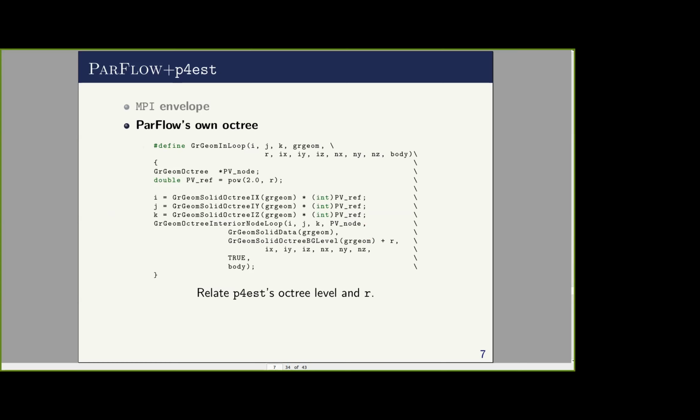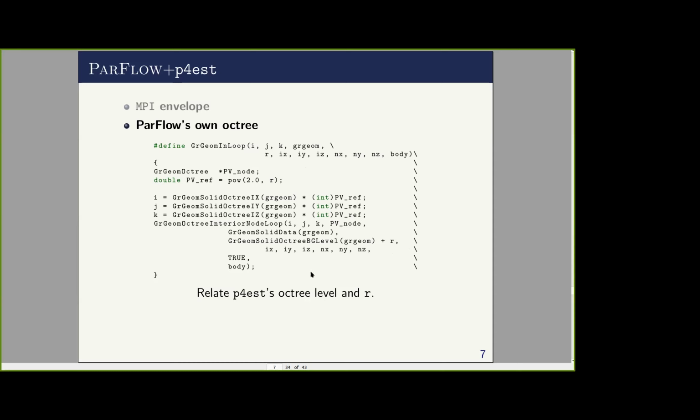Concerning Parflow's own octree, I think you saw these kinds of loops also in Jaro's presentation. Parflow actually had in view the use of local grid refinement. So in the subgrids there is a parameter which defines a refinement, but it was never used. In practice, in all these loops that appear everywhere in the code, this R representing that level is actually 0.